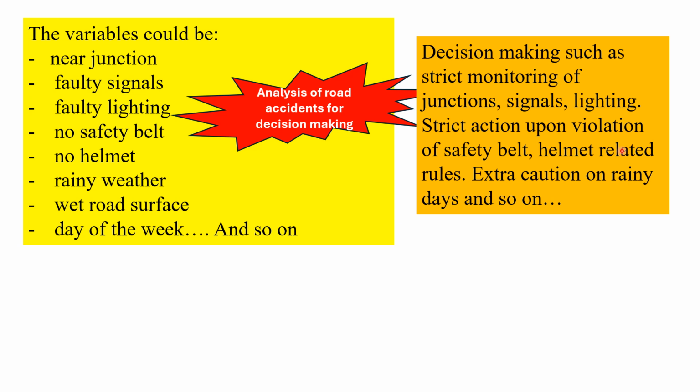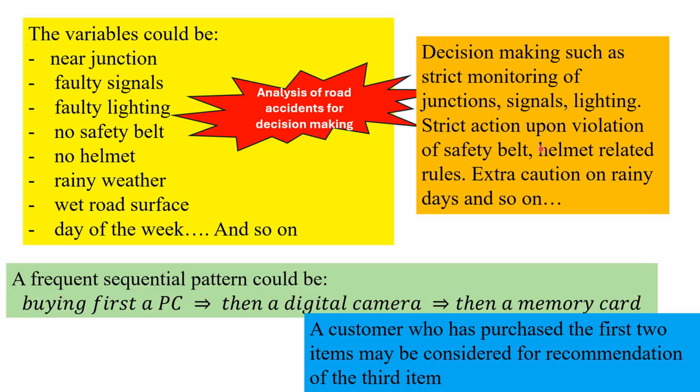And you can make decisions such as strict monitoring of junctions, signals, lighting, and similarly. So these recommendations can go up to maybe the authority level or for the local monitoring of the junctions, and you can use it for a good societal application benefit.